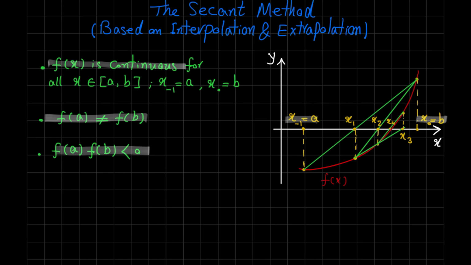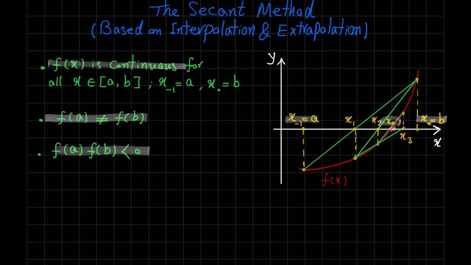And as you can see, the new intersection with the x-axis is x4, which is this point. And as you see, we continue this process and we are approaching the root of f(x), which is around here. So yeah, that's the secant method.